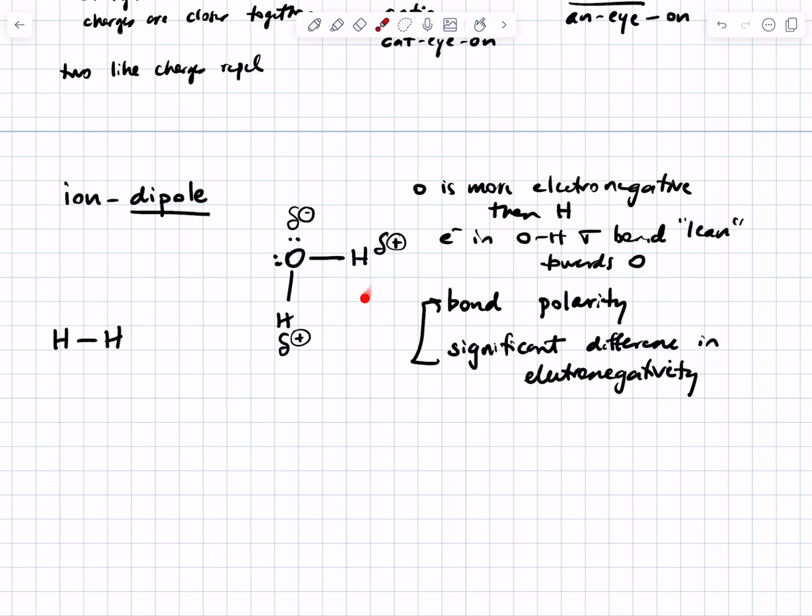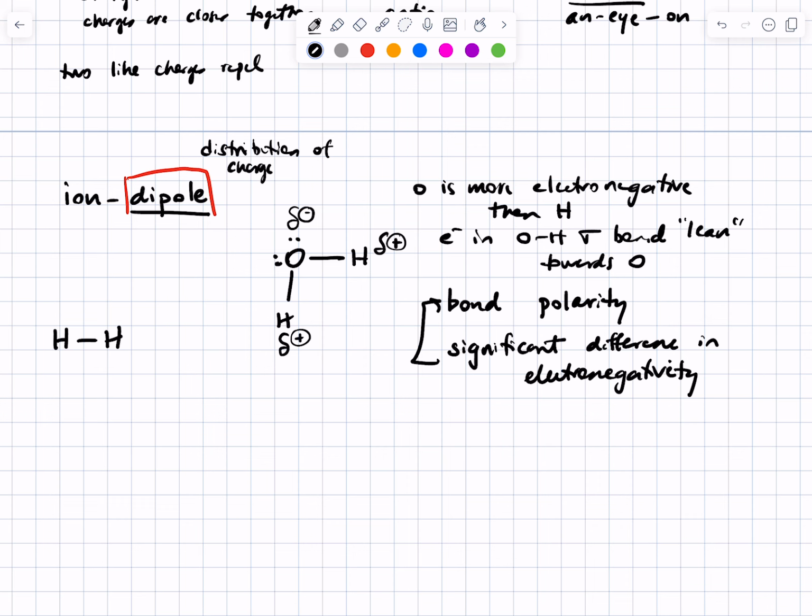It turns out that this non-uniform distribution of charge with a partial negative on the oxygen and 2 partial positives on the hydrogens, those are vector quantities, and they add together to make something called a dipole. A dipole is a distribution of charge along a line.